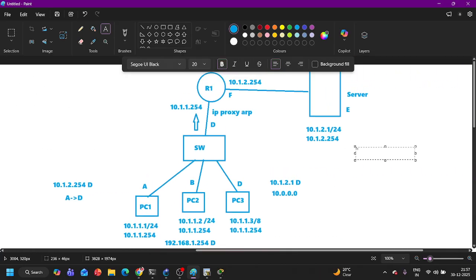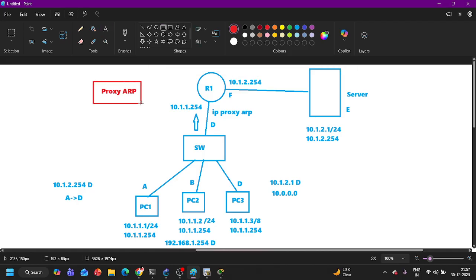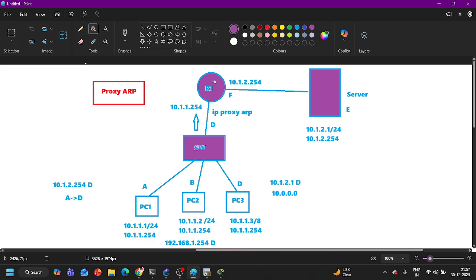That's one. You asked us if from PC1 you can ping server 1. I said no, because if you don't configure here, even if I configured it with the IP, static routing, I couldn't ping.